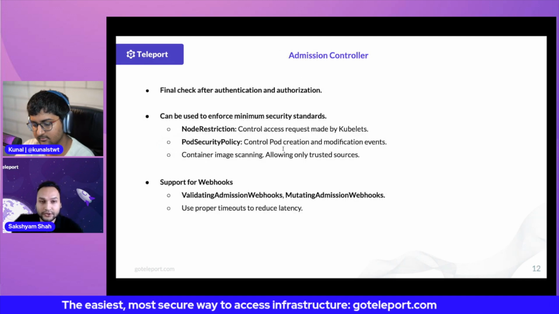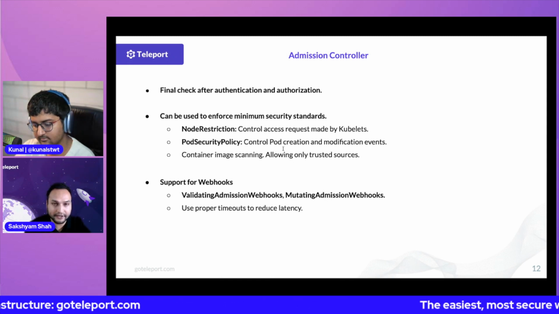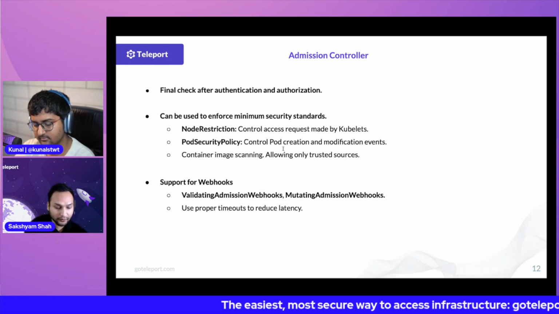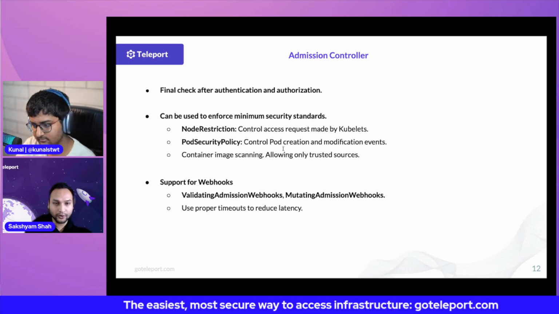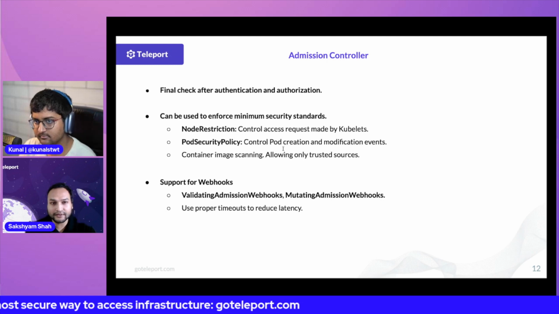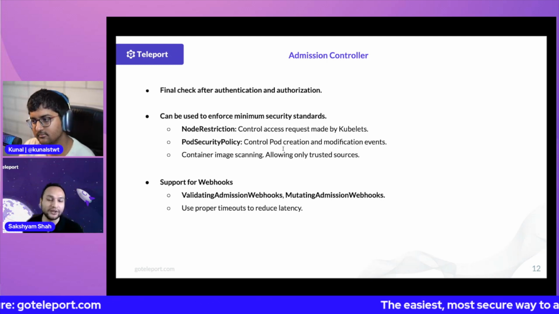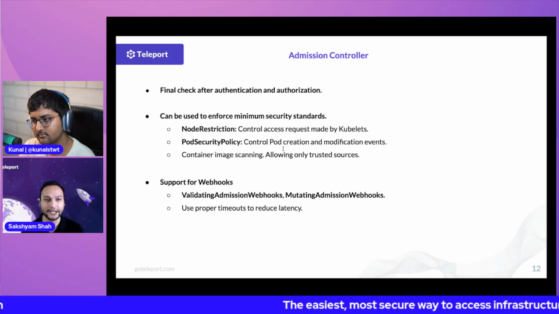Finally, admission controllers. Admission controller is one of the things I personally liked when I first heard about Kubernetes access control. Once a resource that wants to access an API is authenticated and authorized, it doesn't mean that the entity who initiated the API request is genuine.